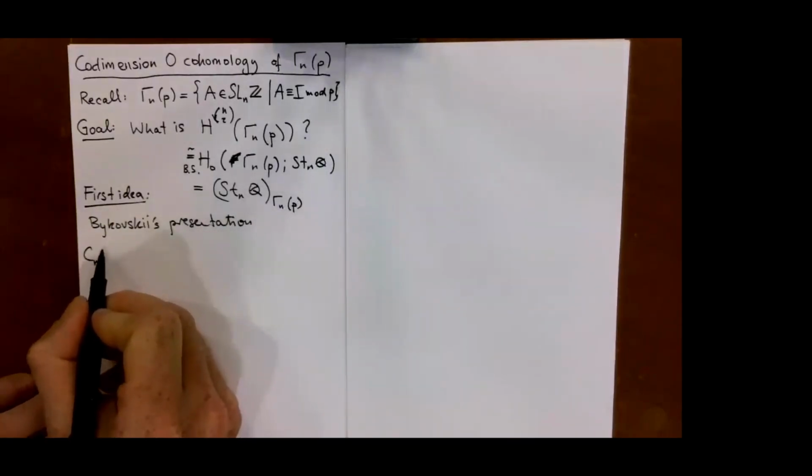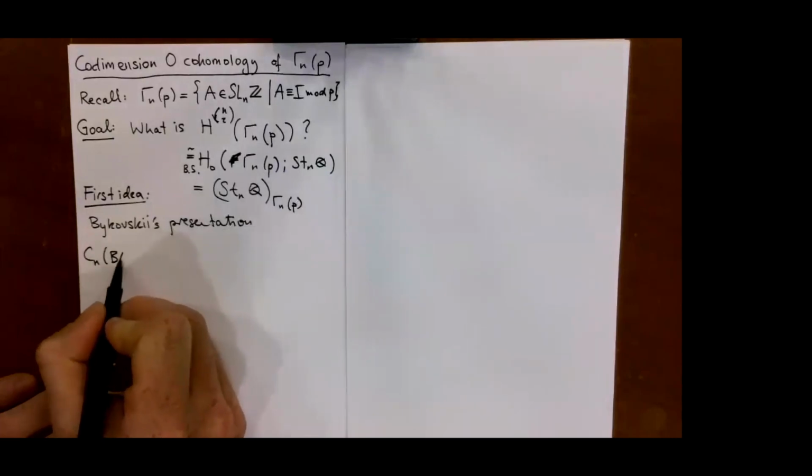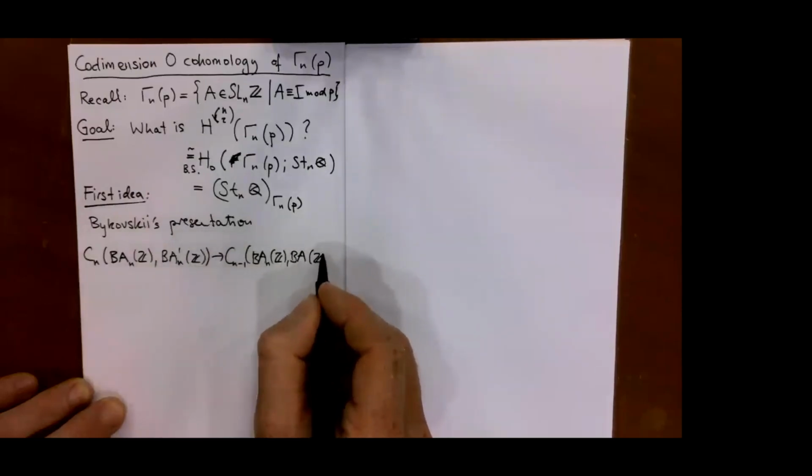What did that say? It says C_n of (BA_n(Z), BA'_n(Z)) goes to C_{n-1} of this relative homology, goes to Steinberg.